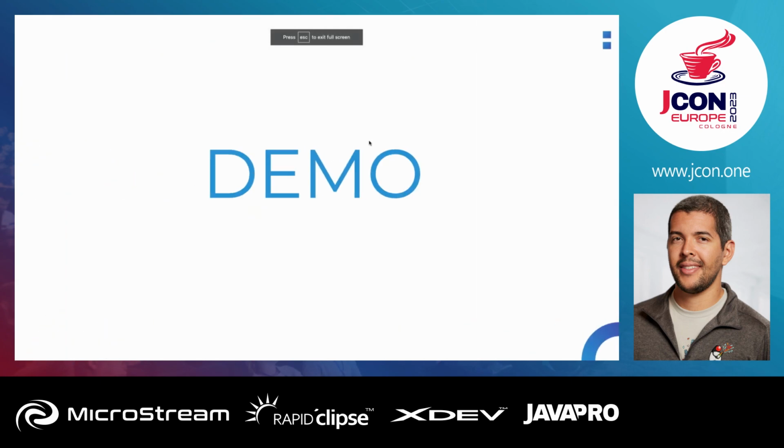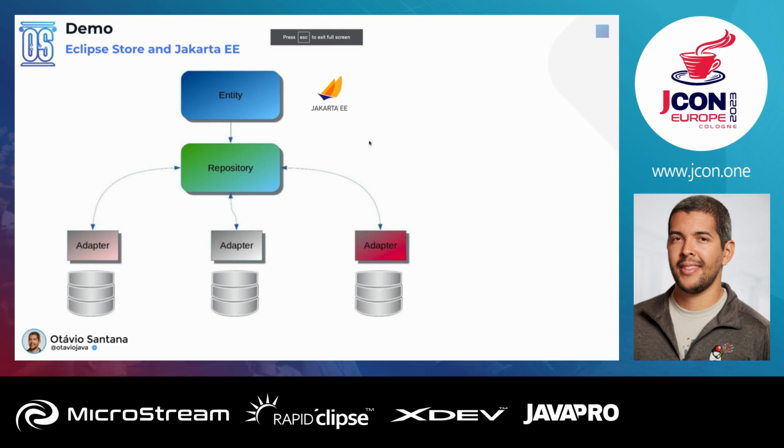My time is over. The idea that I showed to you was a silly demonstration of the entity using Jakarta combined with Eclipse Store. But the idea here is it doesn't matter. So I have my entity with a couple annotations, my repository, and then I can do my adapter doing validation at runtime, doing validation at build time, whatever.